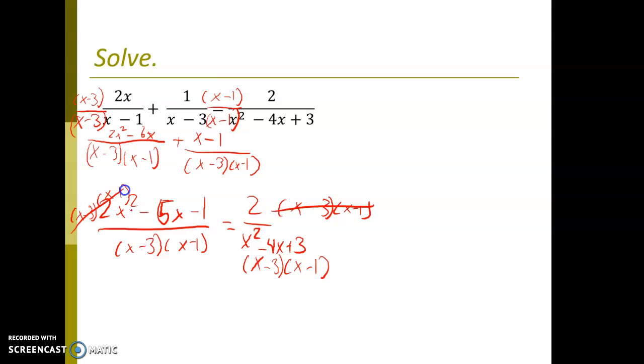That basically cancels both of the denominators out, and we are left with 2x squared minus 5x minus 1 is equal to 2. We notice that this is a quadratic, so we want to set it equal to 0 in order to solve for it.